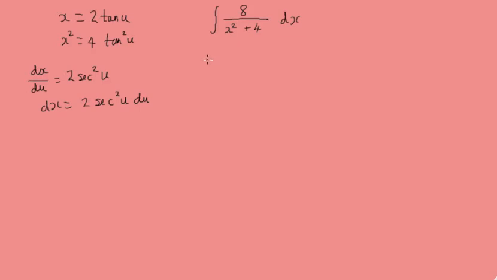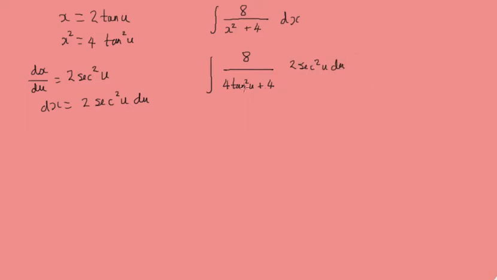Now we're going to substitute these into our integral. So we have our 8 and we have 4 tan squared u plus 4, and then we have 2 sec squared u du.